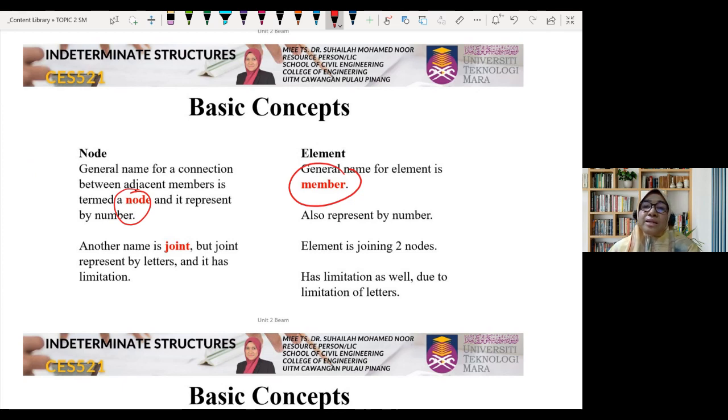The reason for using element numbers is the same as for node numbers: when we use numbers, there is no limitation. When we model the structure in the software, we may have 1,000 elements. Okay, so next.